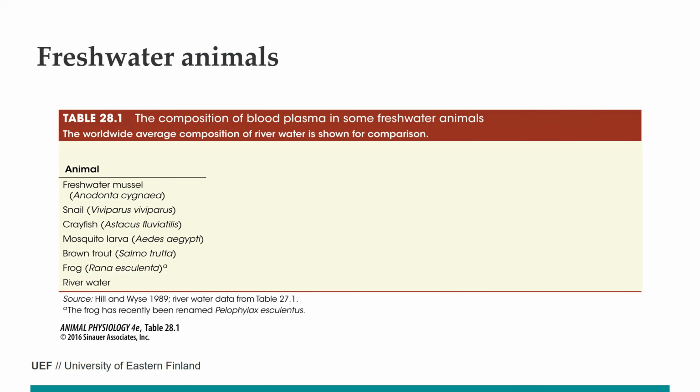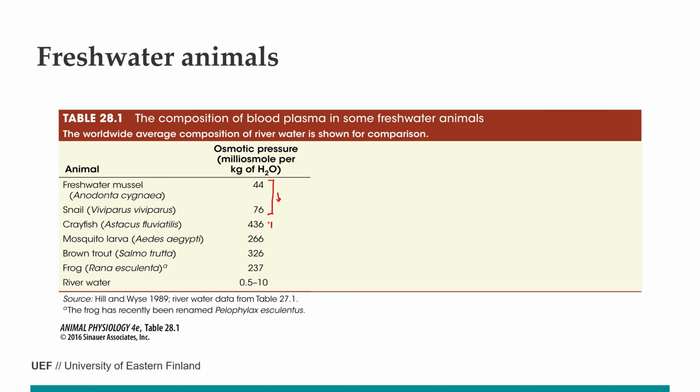And let's look at the freshwater animals, where there is also water available, but the problem might be a little bit different. We have different kinds of animals, and they have different osmotic pressures. Freshwater mussels and snails have very low osmotic pressure.